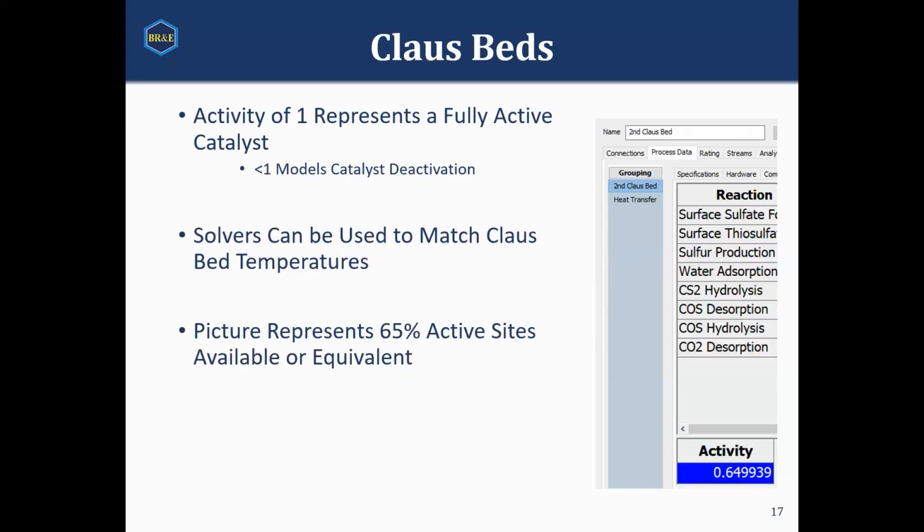An activity of 1 represents a fully active catalyst. If you have an activity less than 1, that's going to model some catalyst deactivation. As catalyst deactivates, that means that there's going to be less reaction occurring, less conversion occurring in the Claus bed.